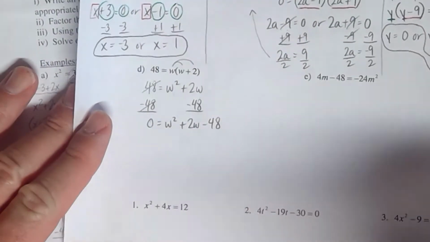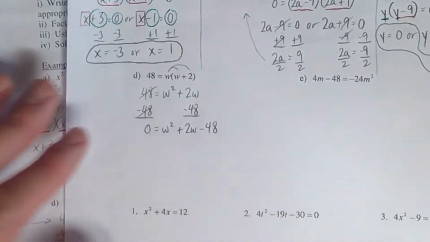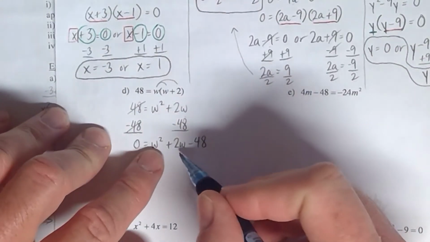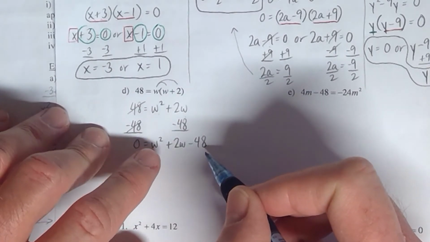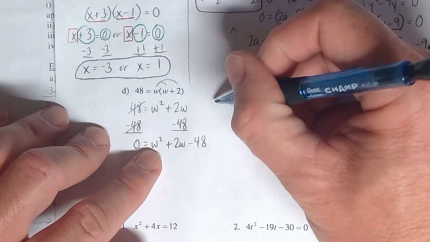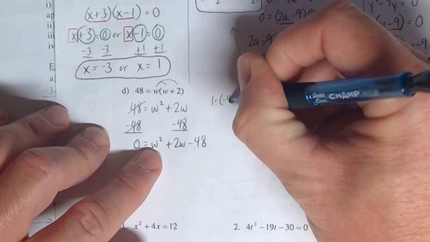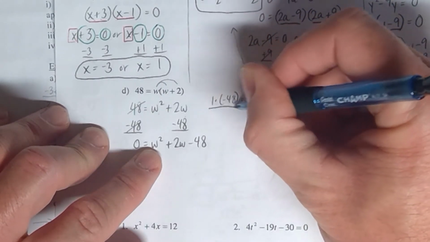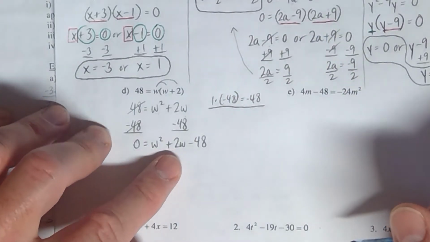All right, so I've done that now. It now looks like a Berry method problem from chapter 7, because of the three terms we have. So we have 1 times negative 48, which is equal to negative 48. And then you need to figure out what two numbers equal positive 2 in the middle when you add them together.